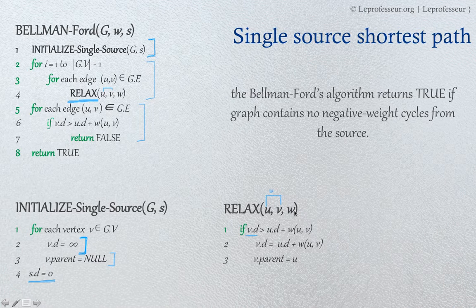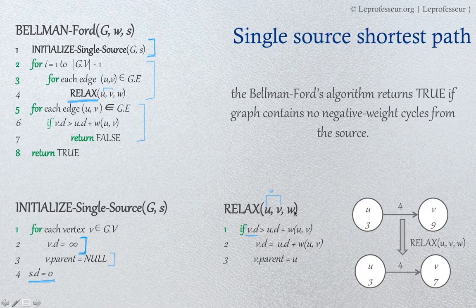As simple as that. Or we can see it pictorially. Let's say earlier we had a distance of 9 for v, and we found that we have another possibility where the distance is lower.